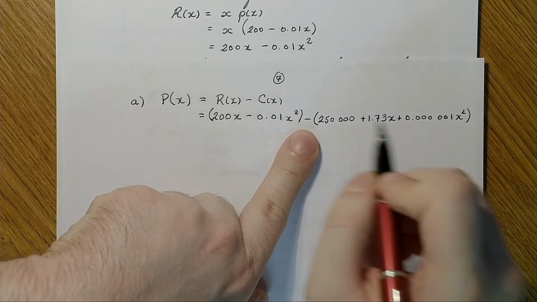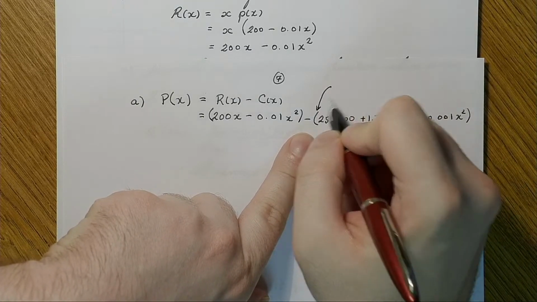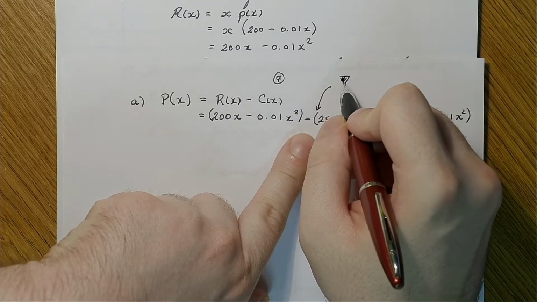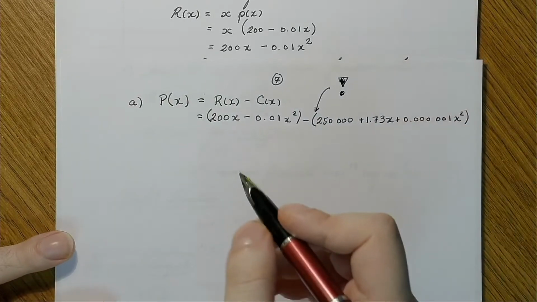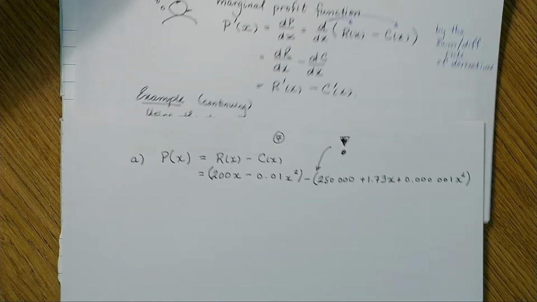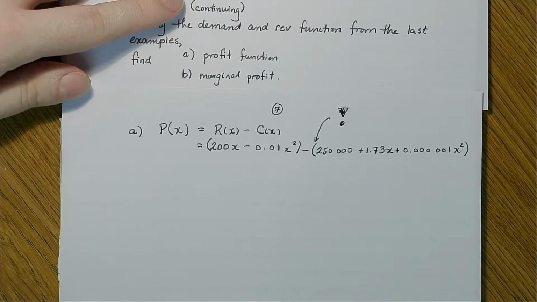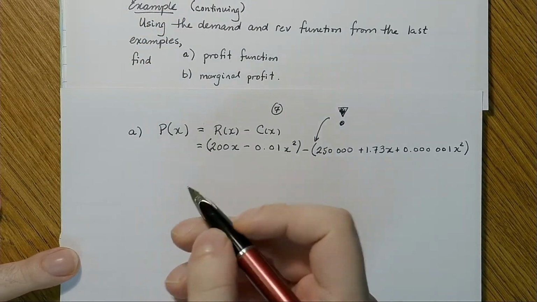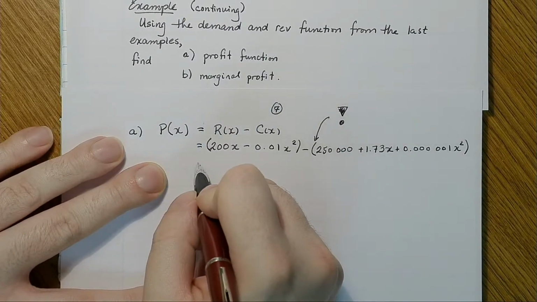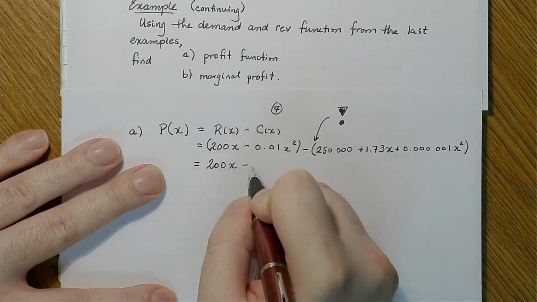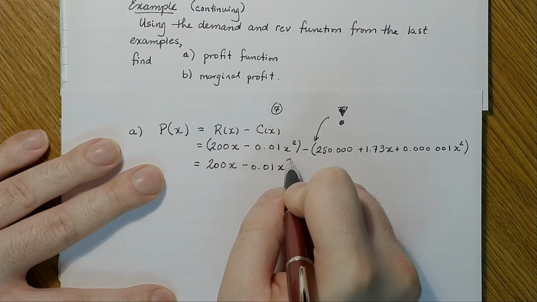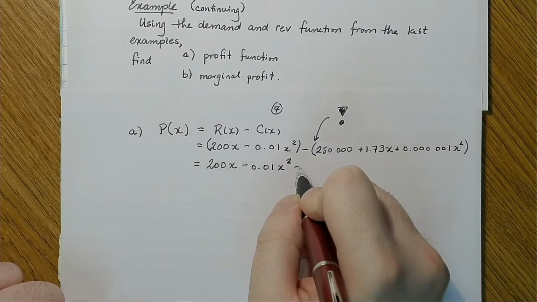People forget to distribute that negative sign, and so they end up messing up their function. So again, we can clean that up, distributing that.